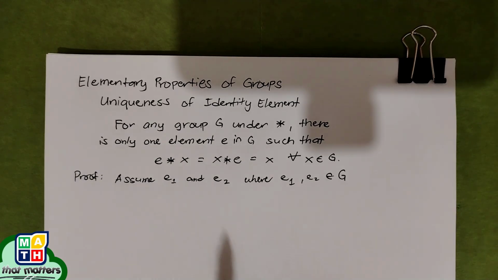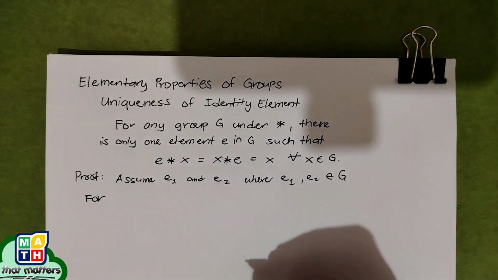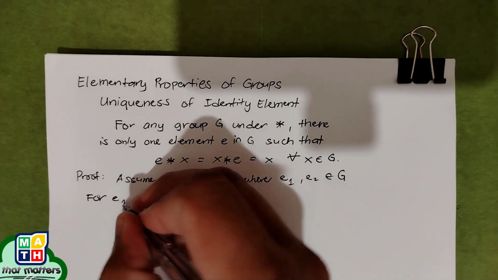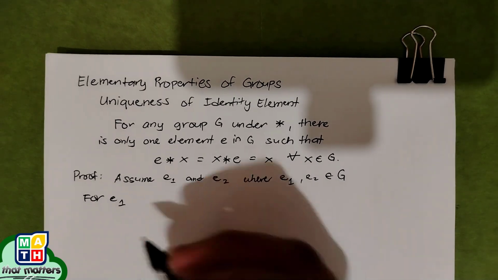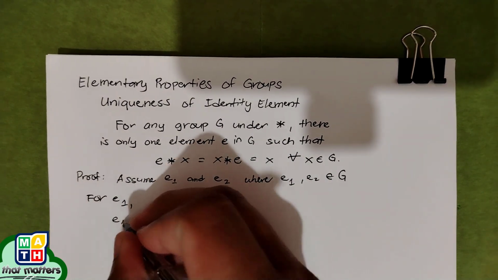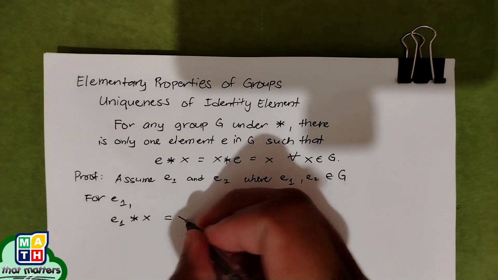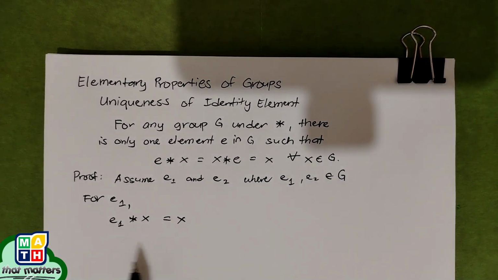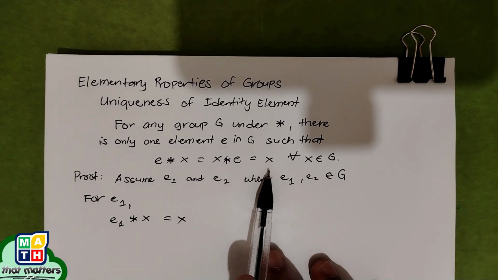Once we assume this, for e sub 1, our first identity element, we can establish that e sub 1 star x is equal to x, just like the statement e star x is equal to x.